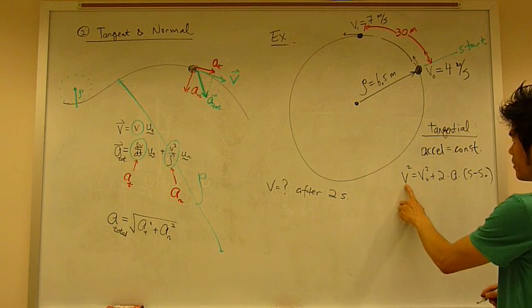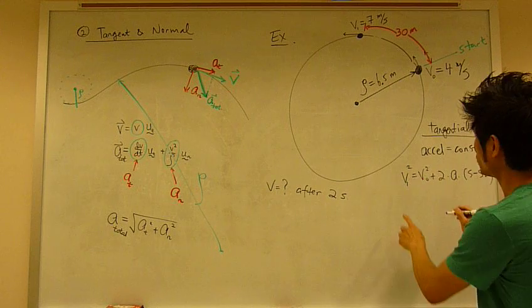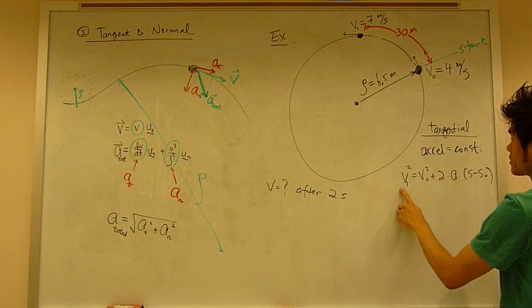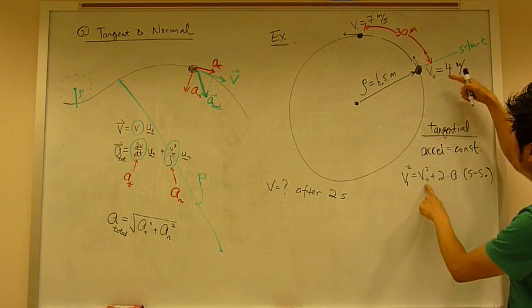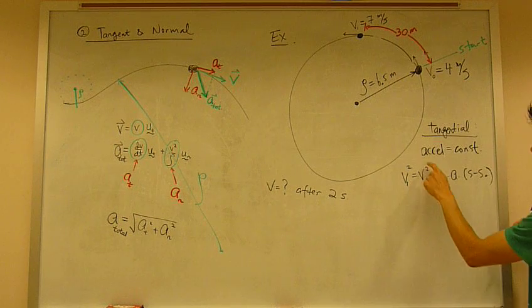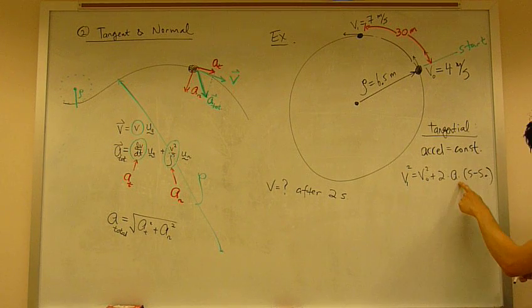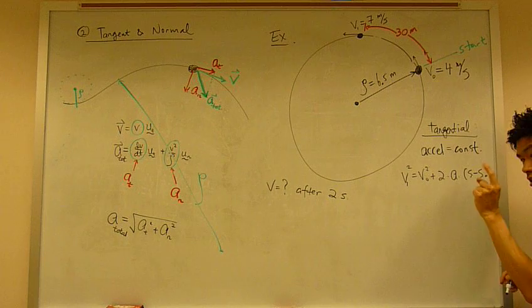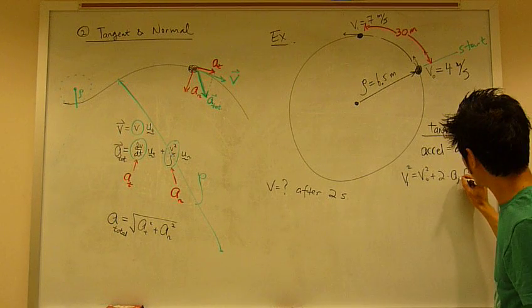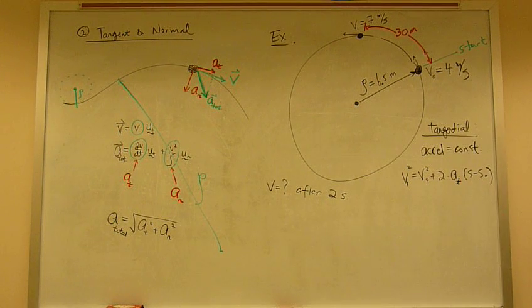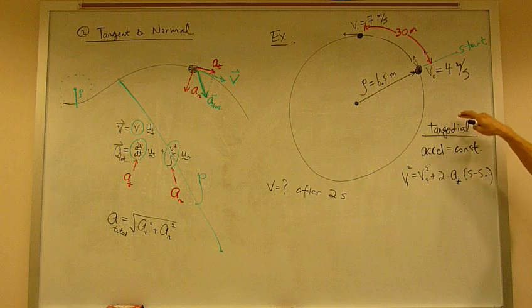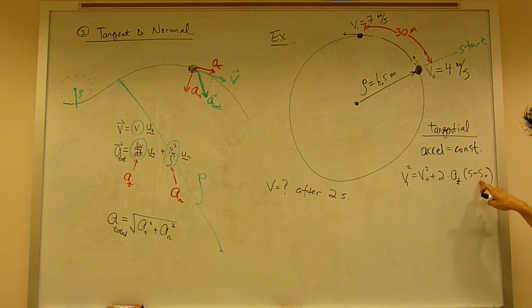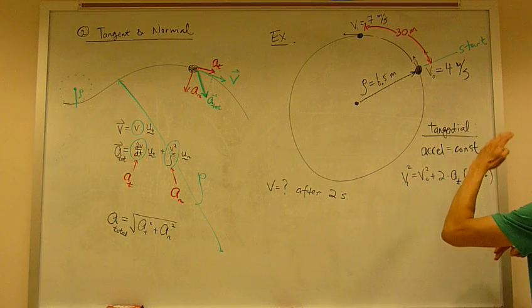So this would be v1, the final velocity squared, equals v naught, the initial velocity squared, plus 2a. Now that's not just any a. This is the tangential component of acceleration, so we're strictly looking at the tangential direction, times s minus s naught, which is the change in distance.